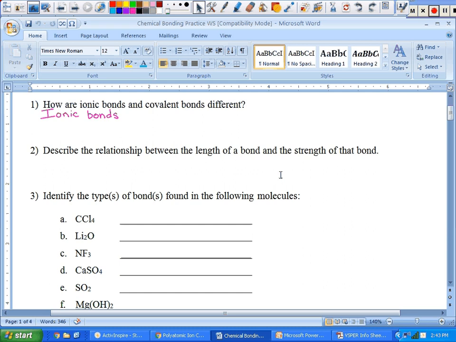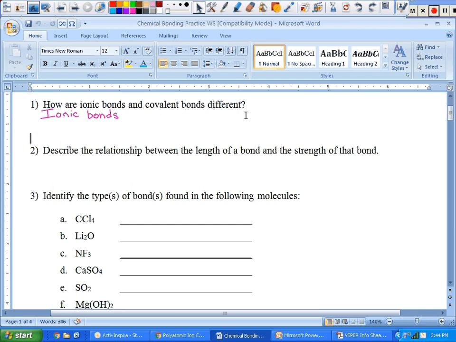That's all you've got to write. What's the opposite of that, Blaze? Are you writing that in? So, the shorter the distance, the stronger the bond.